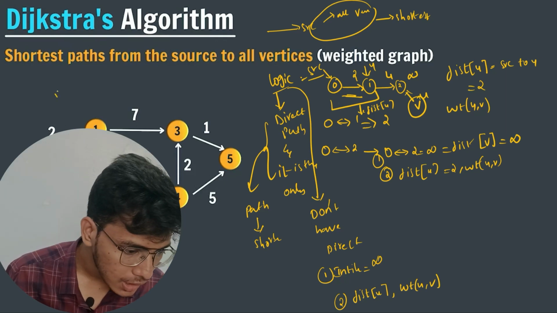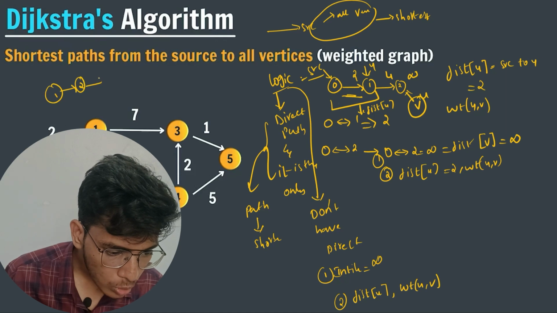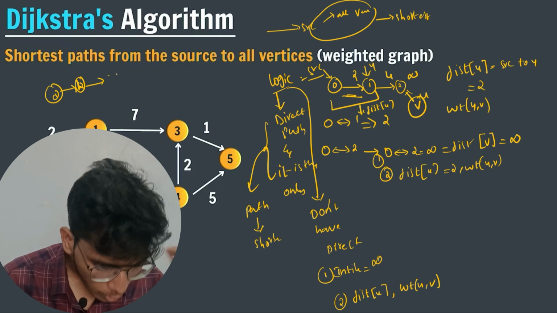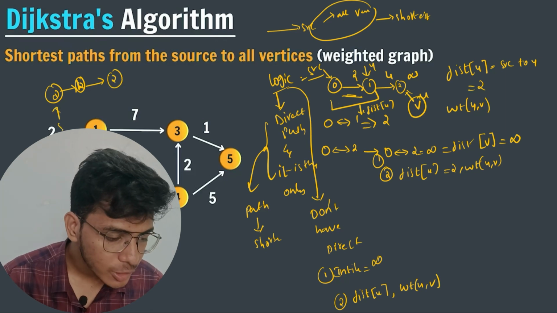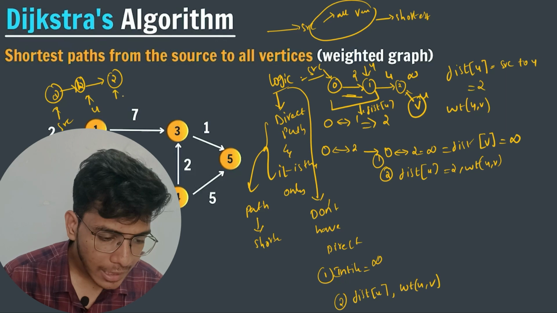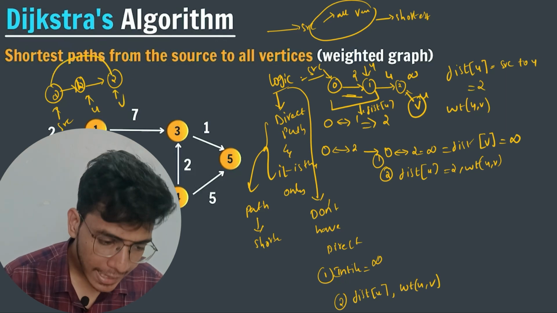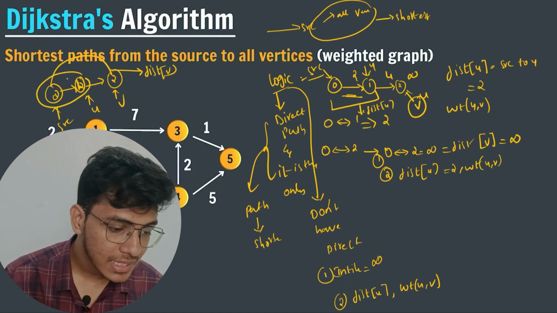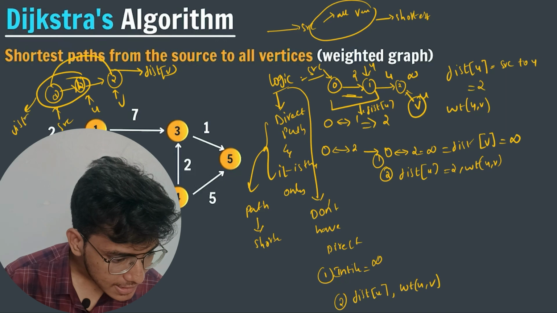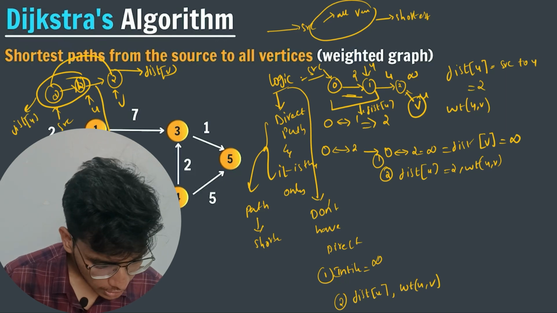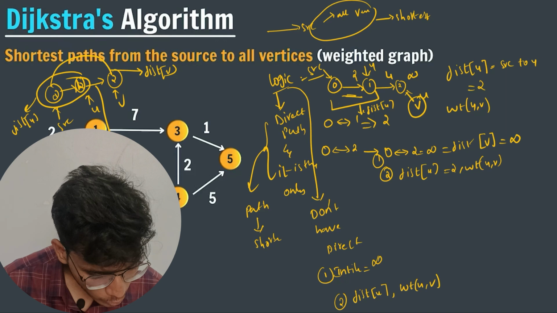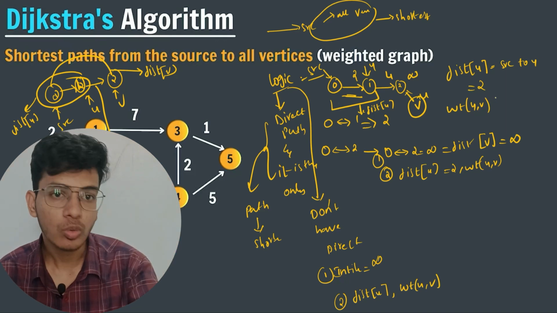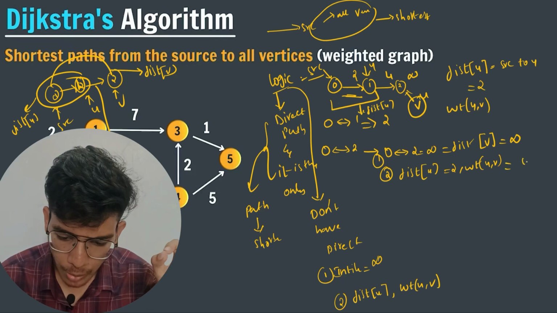Here let me write it here. 0 is connected to 1 and 1 is connected to 2, and this is my source node, u node and v node. I don't know the direct distance of v, but I do know the distance of u. This is my distance of u, and this thing is my weight of u comma v. So if I know the weight of u comma v and the distance of u, then here the distance of u comma v is 4.